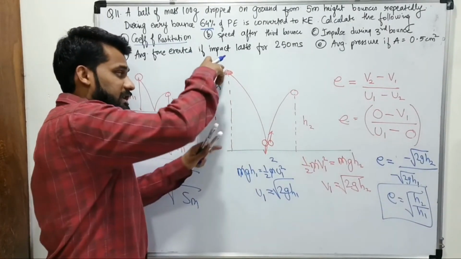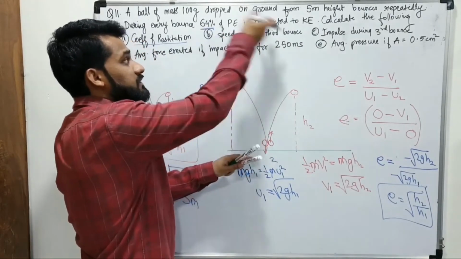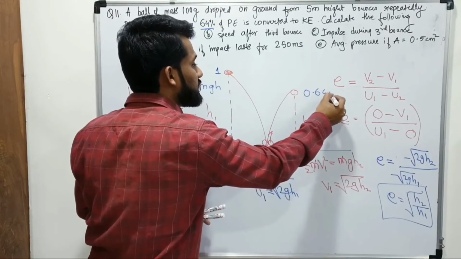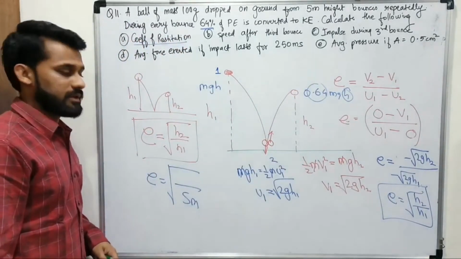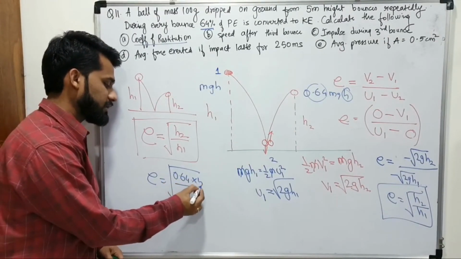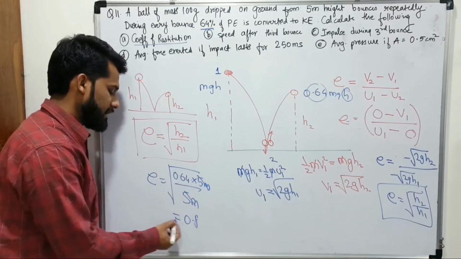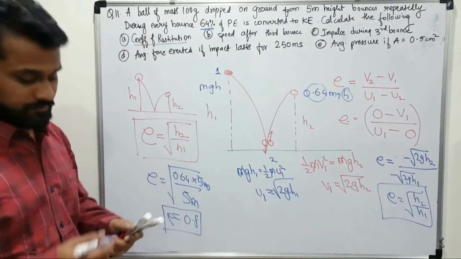Only 64% remains, so mgh will become 0.64 mgh. So this height will become 0.64 of the original height. So the answer of this is 0.8. The coefficient of restitution in this question is 0.8.